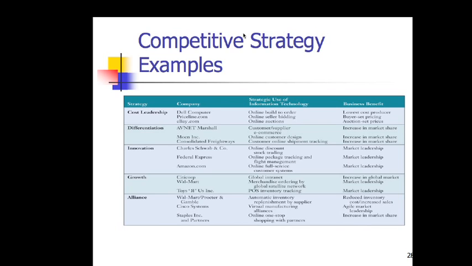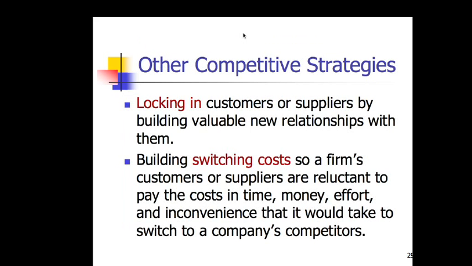Made it this far, looking at business benefits that are associated with the use of the strategic implementations. Other competitive strategies would be to lock a customer in. You're selling them a product, you're selling them upgrades to the product, you're locking them into continuing, hopefully. You might call that retention or loyalty as well for customers.